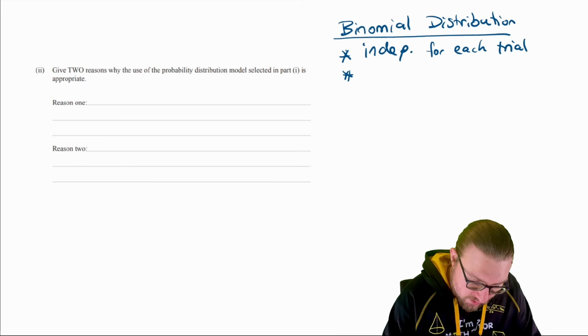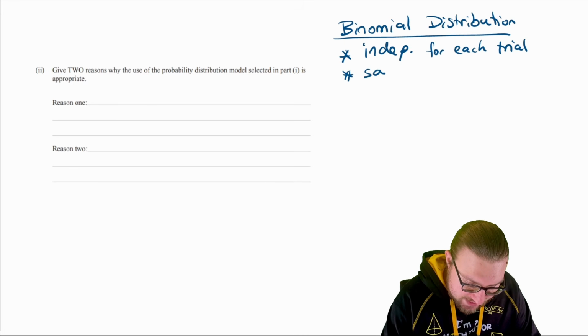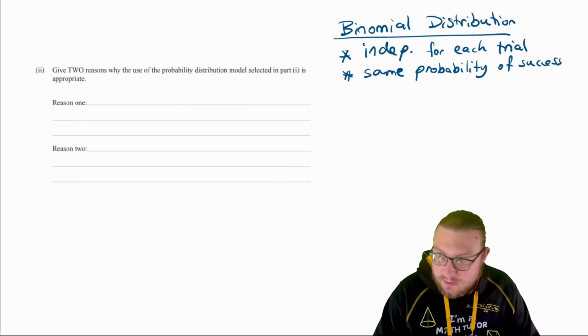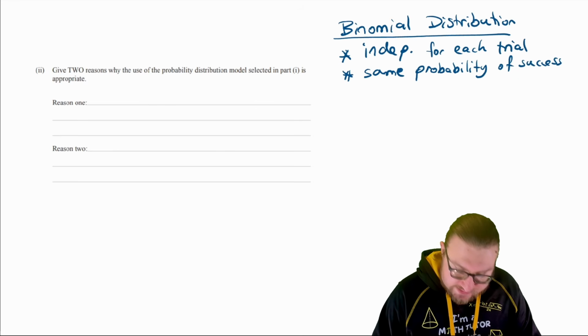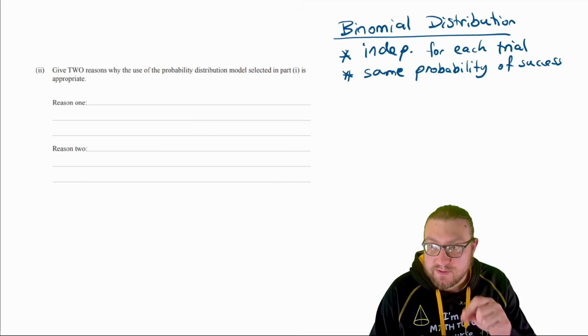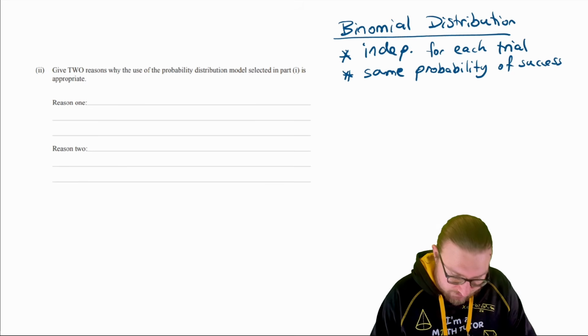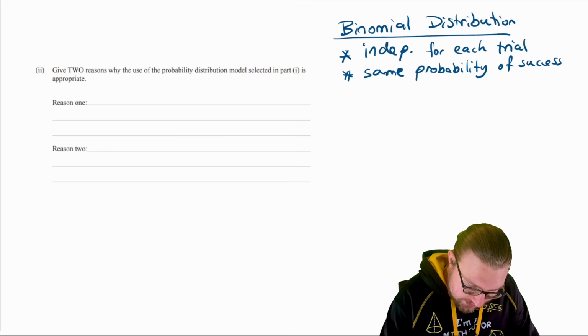The next one that we want is we want the same probability of success. That means that every time we choose someone, they have the same probability of having that inner belly button again. That doesn't change. Yeah, we have independence and the same.